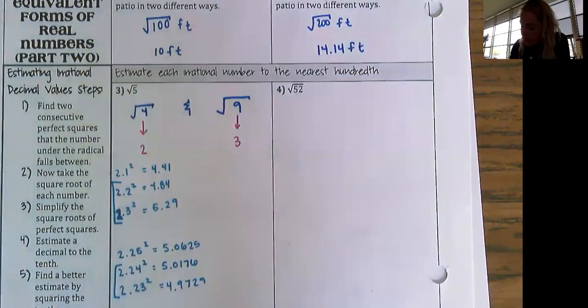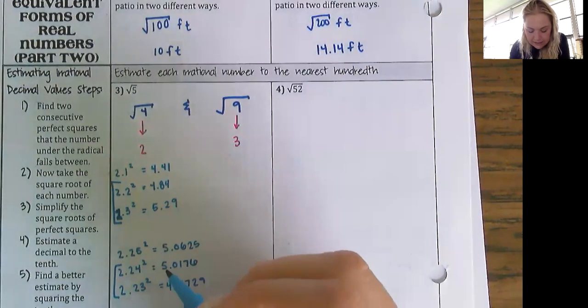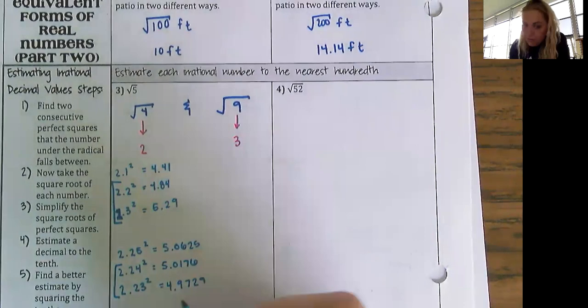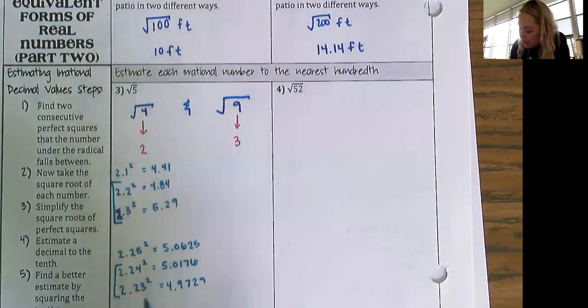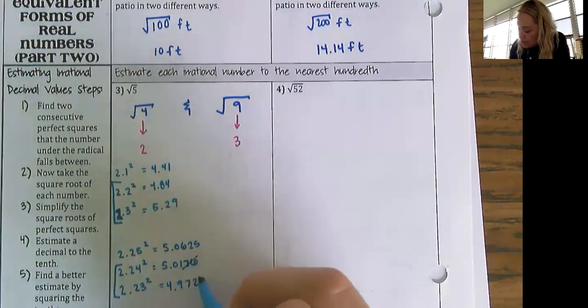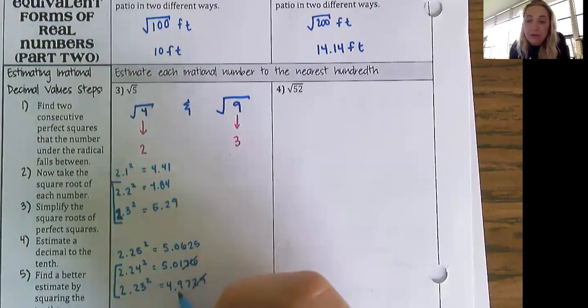So we're gonna go with, let's see, which one's closest? 4.97 is pretty close to 5, but 5.01 is a little bit closer. If I ignore these last two digits here, this one's only 0.01 above 5, and this one is 0.03 below 5.